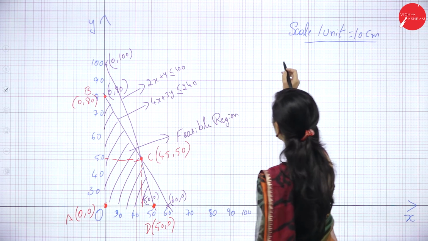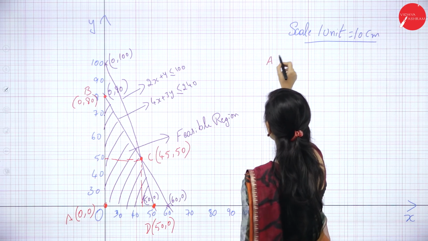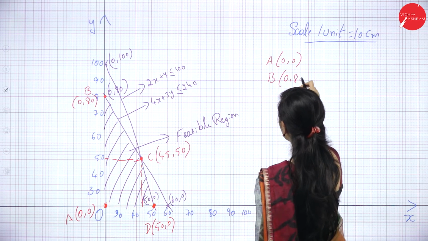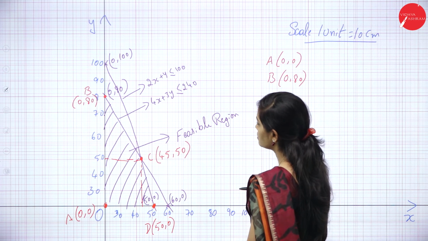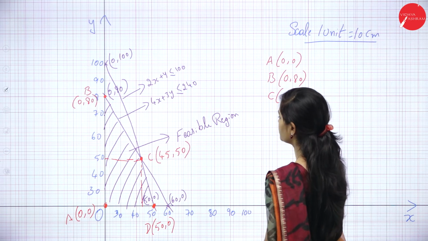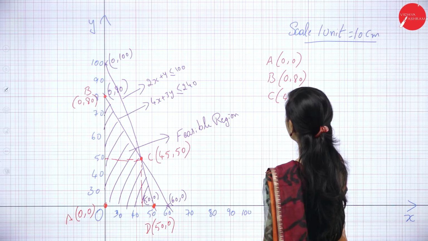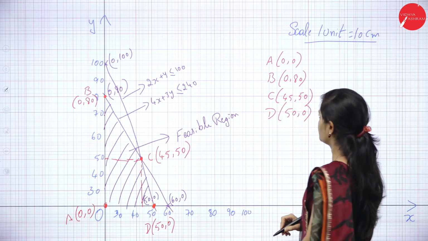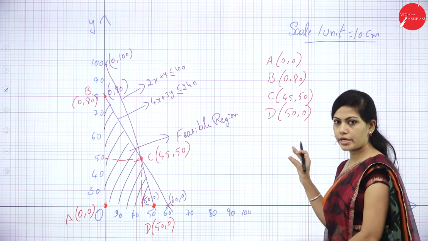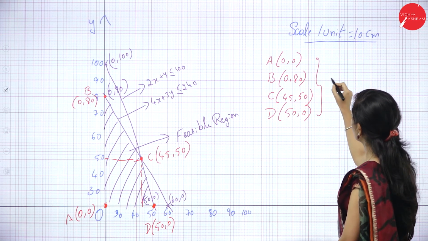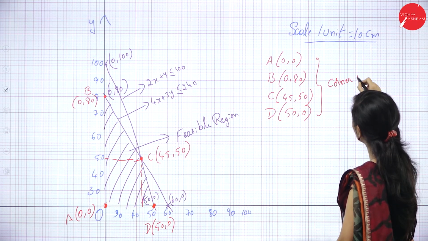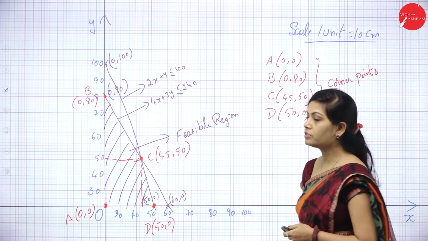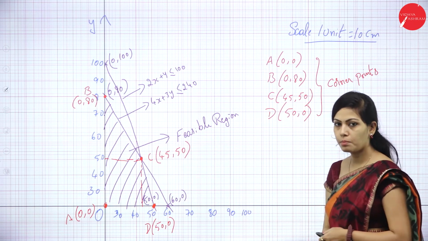So we got 4 corner points: A of (0, 0), B of (0, 80), C of (45, 50) and D of (50, 0). So using these corner points, we can find the maximum value. The optimum point we can find using these corner points.